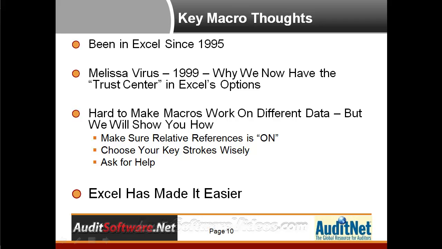We're going to talk a bit about something called relative references, and we'll probably say it multiple times on these recordings, but you've got to make sure that that's set to on, and therefore also choose your keystrokes wisely. If you're moving down or clicking with your mouse on a particular cell within Excel, that works, but actually using things like your End arrow key, and Shift End and then your arrow key, will bring you right to the end of that data, regardless of whether it's 10 rows in one column or 100 rows.